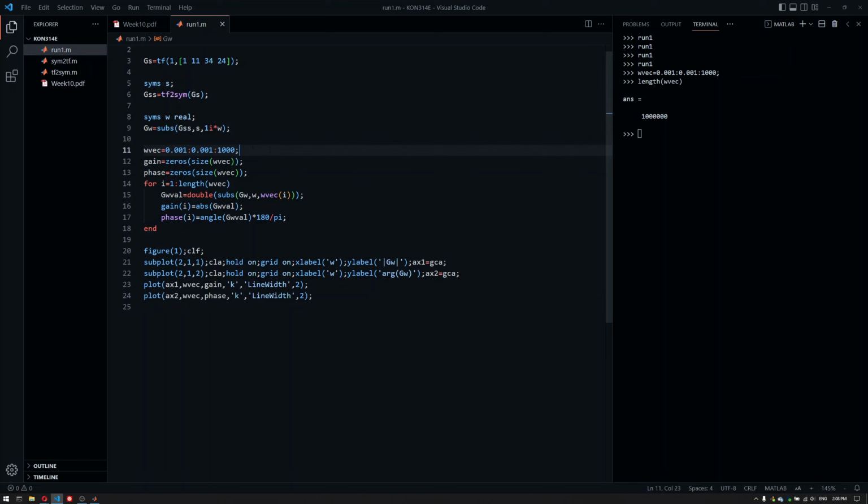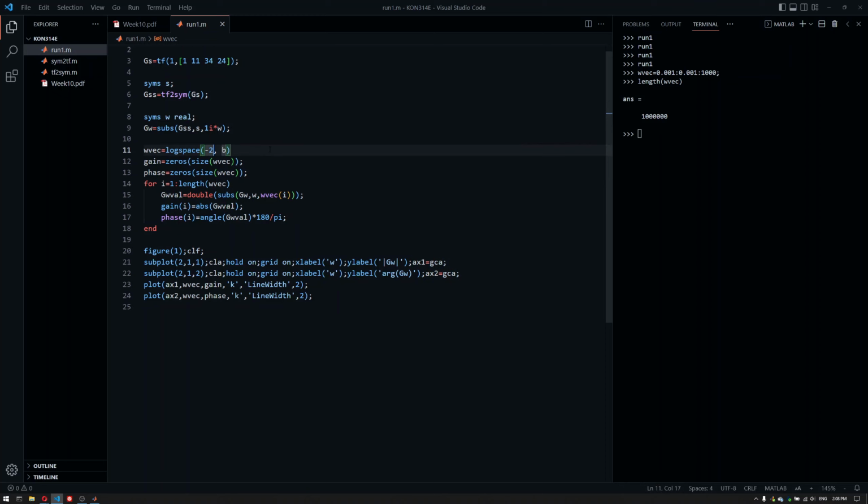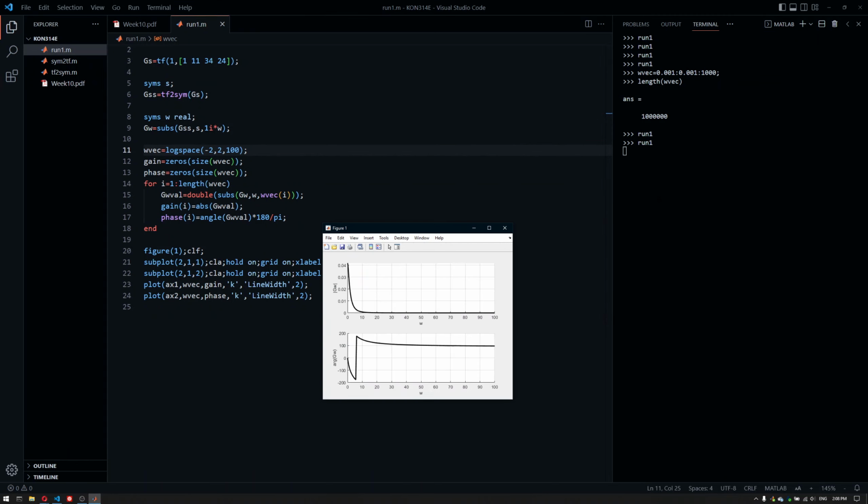In order to limit this, we're not really interested in everything because that will also not fit here. We will use logspace to logarithmically space the values. So we can just tell it to use 10 to the power of minus 2 and 10 to the power of 2 with 100 sample points so that we have higher performance in calculating these values.